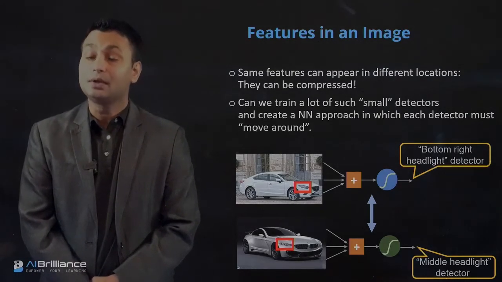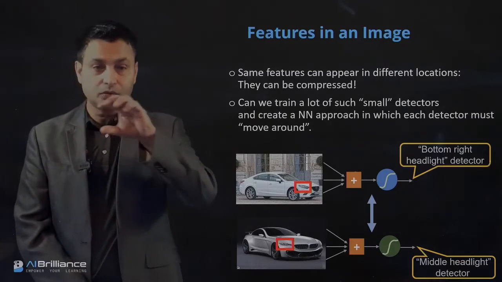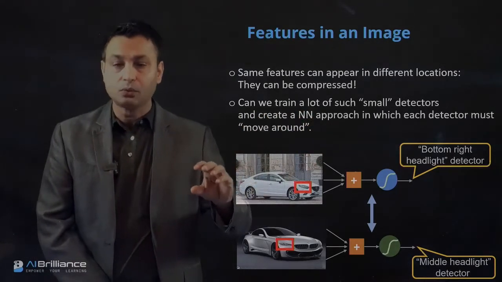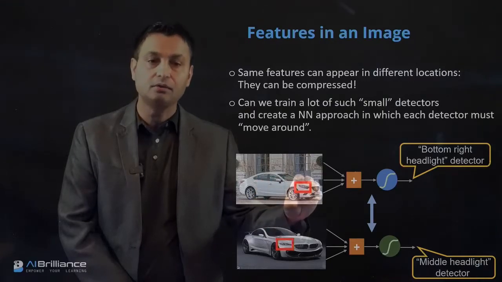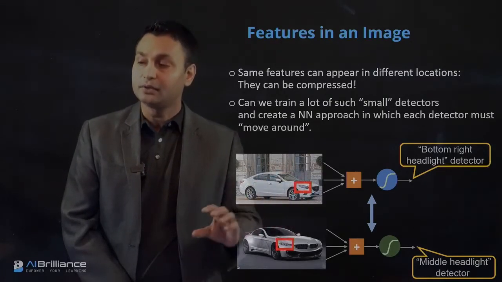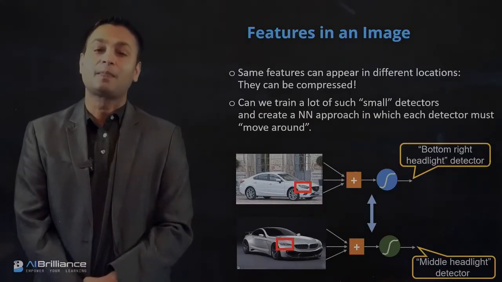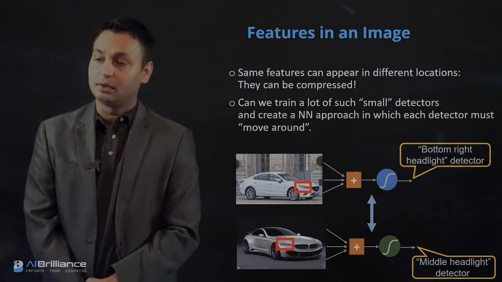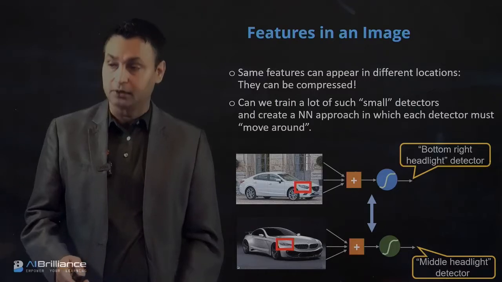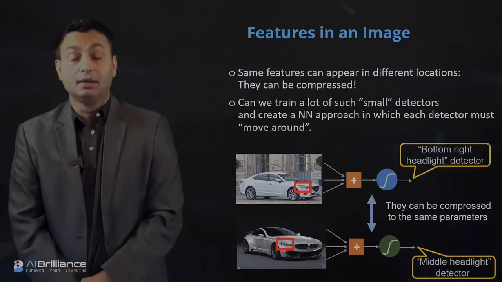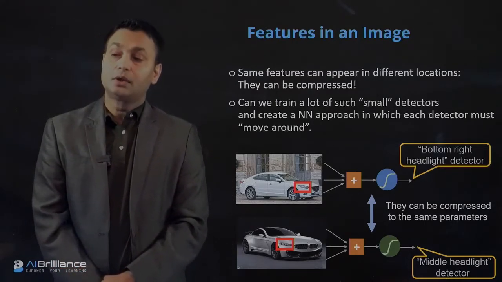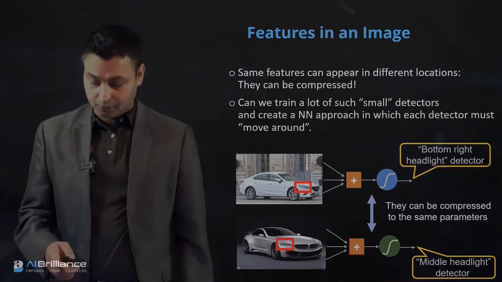So can we create a system where we scan through the images, going through the different locations to identify these specific features? That is also the trademark of the CNN computational framework. If we can identify that, then we can compress them to the same number of parameters.